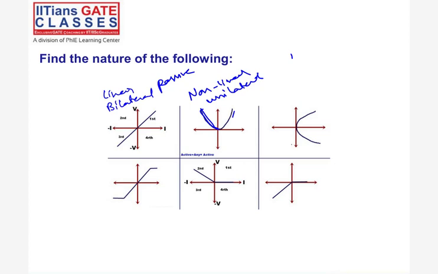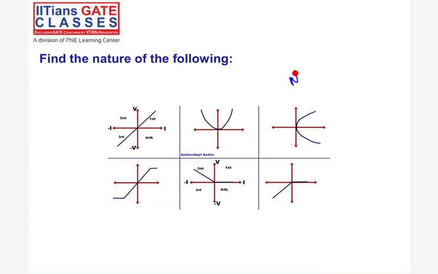Active, non-linear, and unilateral. Again this is non-linear. Again active, here negative slope, active, and unilateral.